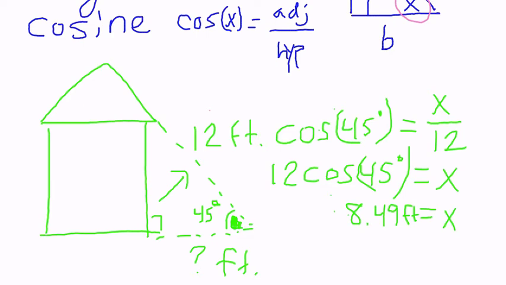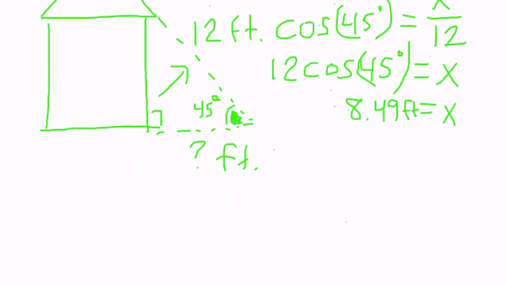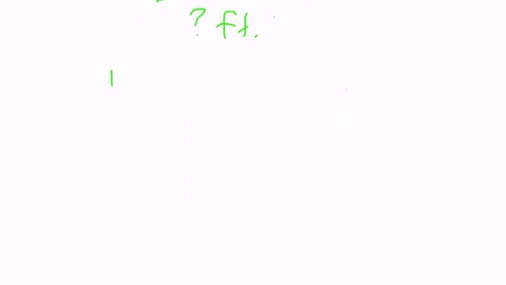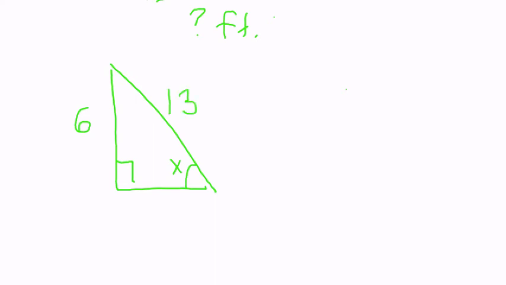Another kind of problem we could do is if we don't know the angle and we want to find out what the angle is, but we know what two sides of the triangle are. So let's say this side is 6 and this side is 13. If we want to know what x is, the Pythagorean theorem still does not help us because it tells us about the sides of the triangle and not the angles.